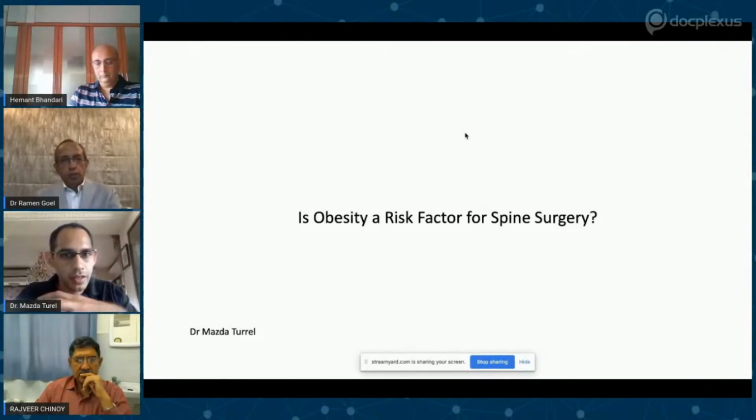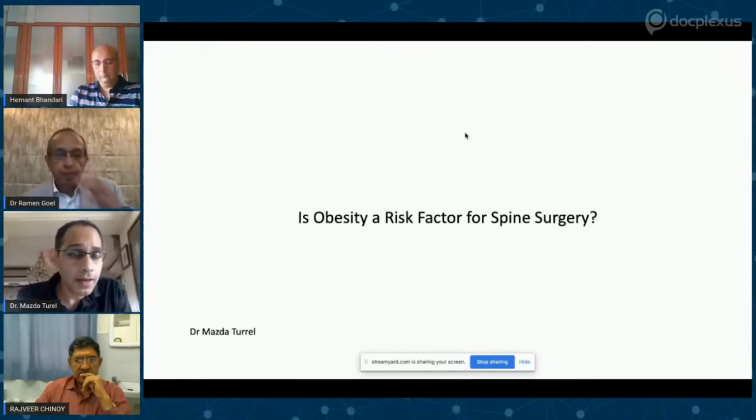But when we've shifted the focus to minimally invasive surgery, with much smaller incisions and a tubular retractor doing the retraction in a regulated fashion, rather than retractors pulling on the spine in a circumferential retraction, the outcomes are comparable, except that the wound still sometimes is an issue in obese patients.